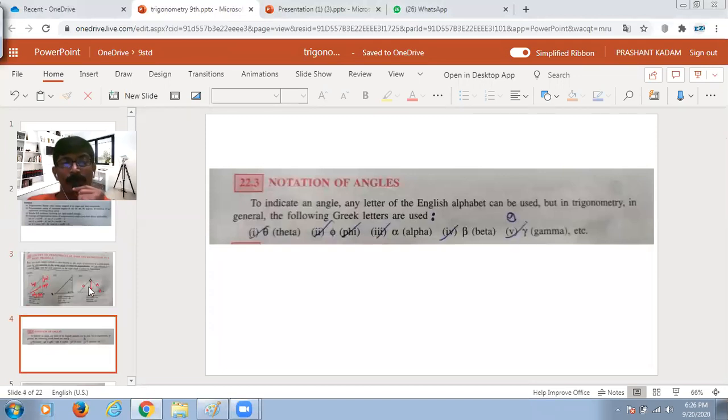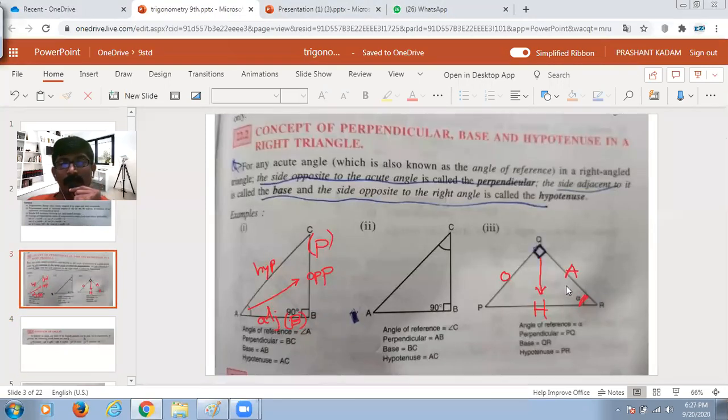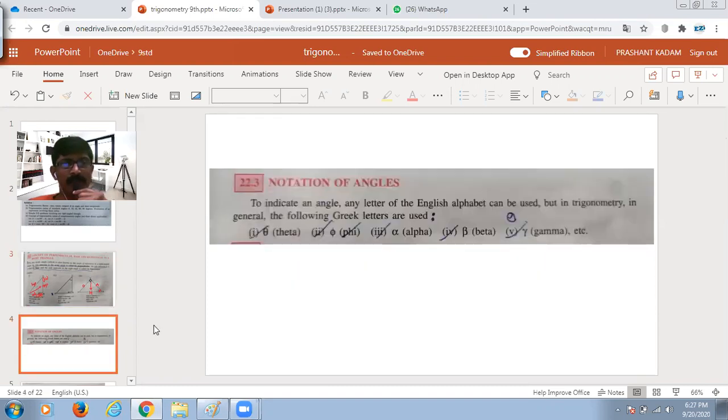Before moving ahead, just remember that someone asked me right now, what is this alpha? Alpha is nothing but a Greek alphabet. Just as we use X and Y for variables from our English alphabets, alpha, beta, gamma, theta, phi are all Greek alphabets.